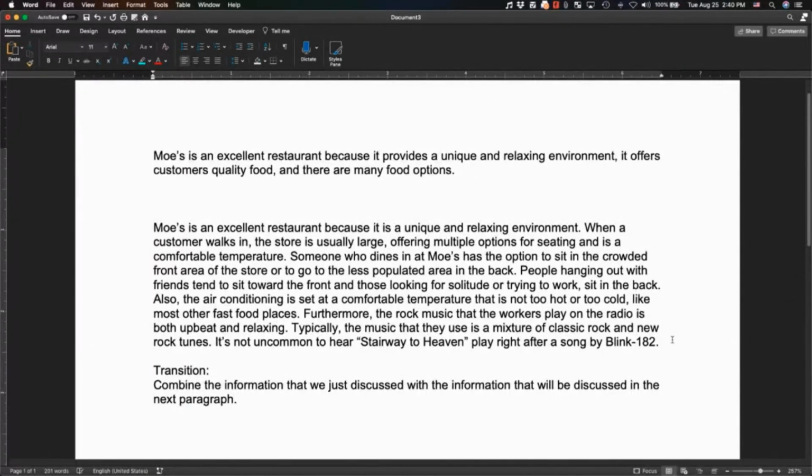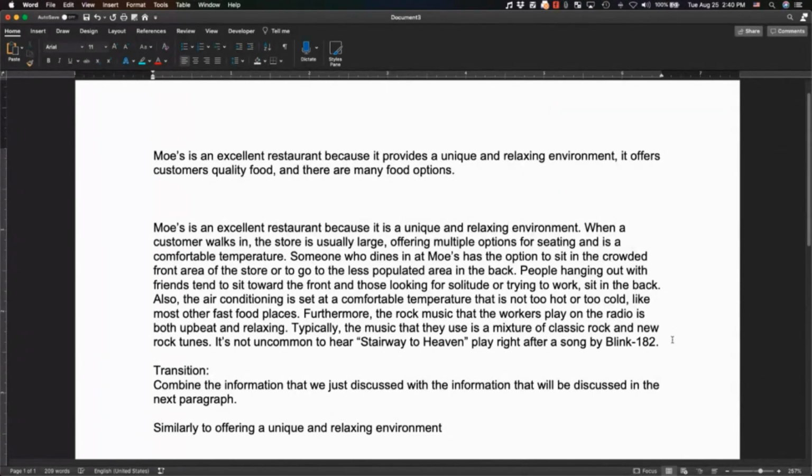All right, so how do we do that? Well, let's see. What we can do is we can say, similarly to offering a unique and relaxing environment. Note that's a buzz phrase again, right? That's our forecast element.